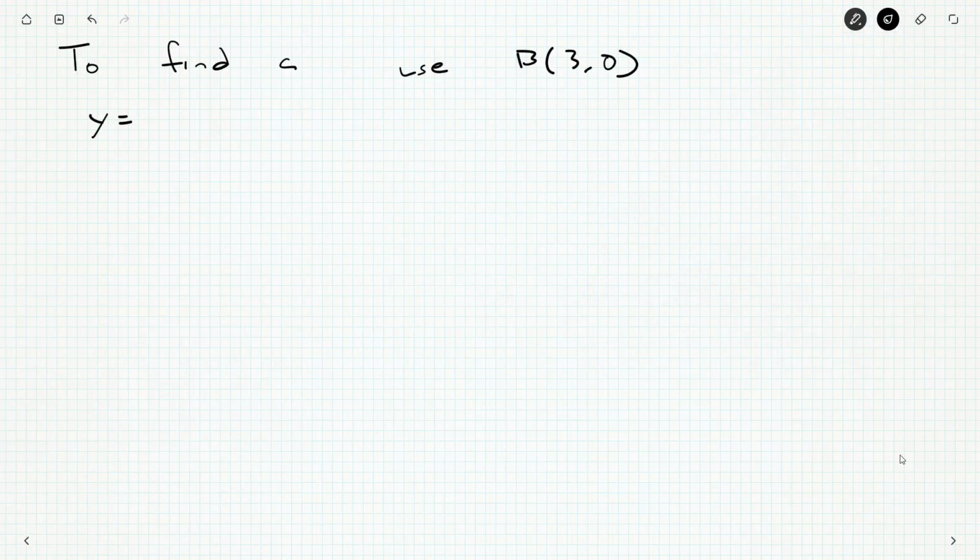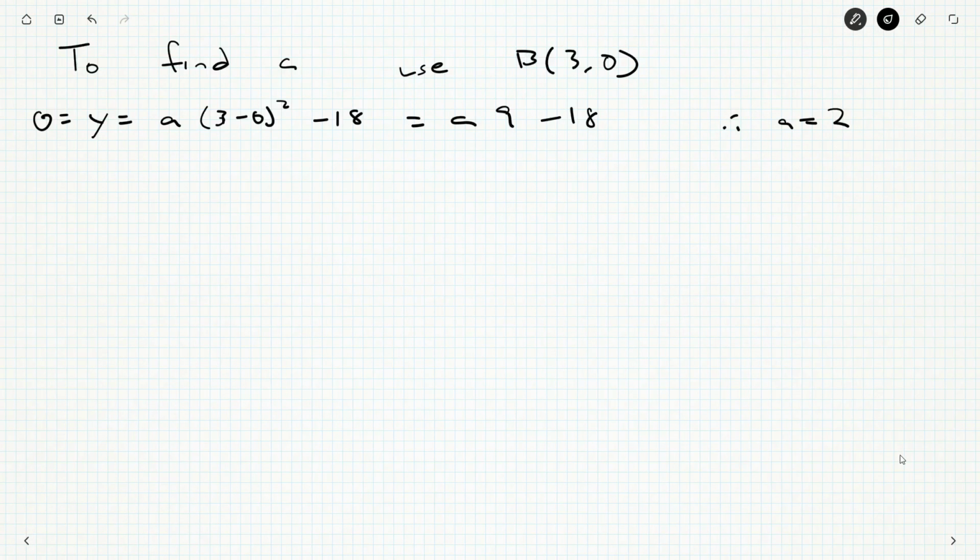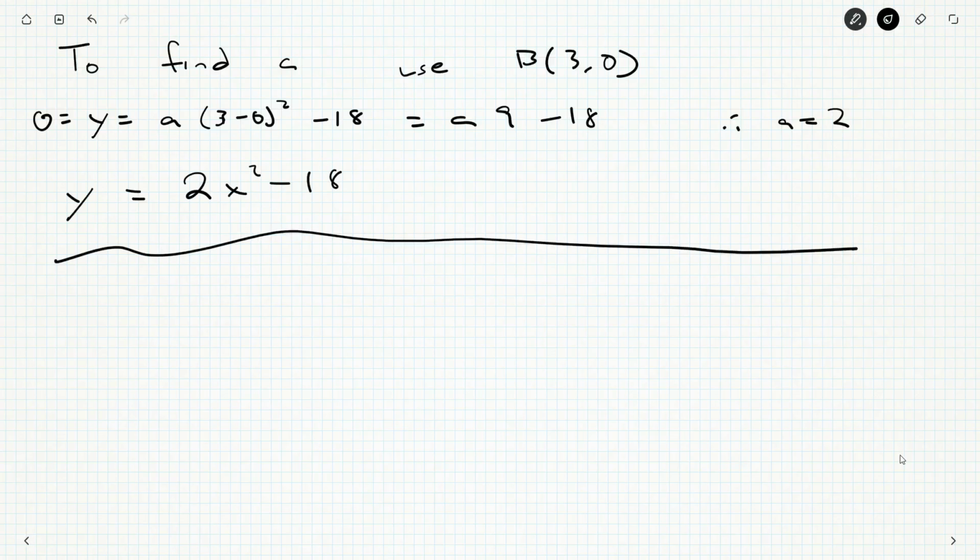So y is equal to a times (3 minus 0) squared minus 18, but that's a times 9 minus 18, and y has to be 0. So it's not that hard to see a is going to be equal to 2. So an equation for the parabola is y equals 2x squared minus 18.